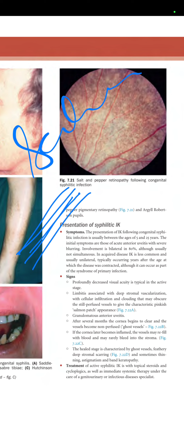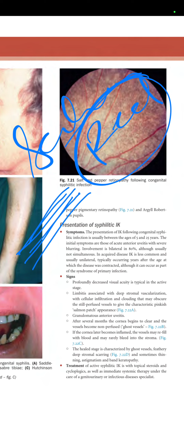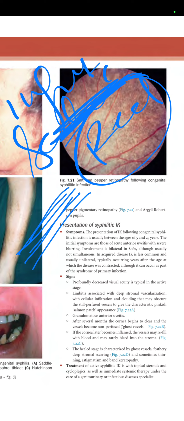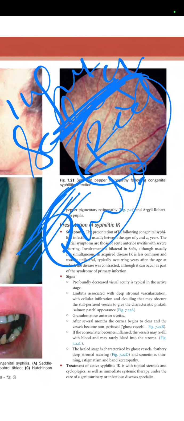The vessels are very perfused and they usually appear red. But due to the overlying whitish infiltrate and clouding, the red appears pink. So it is called the salmon patch appearance.